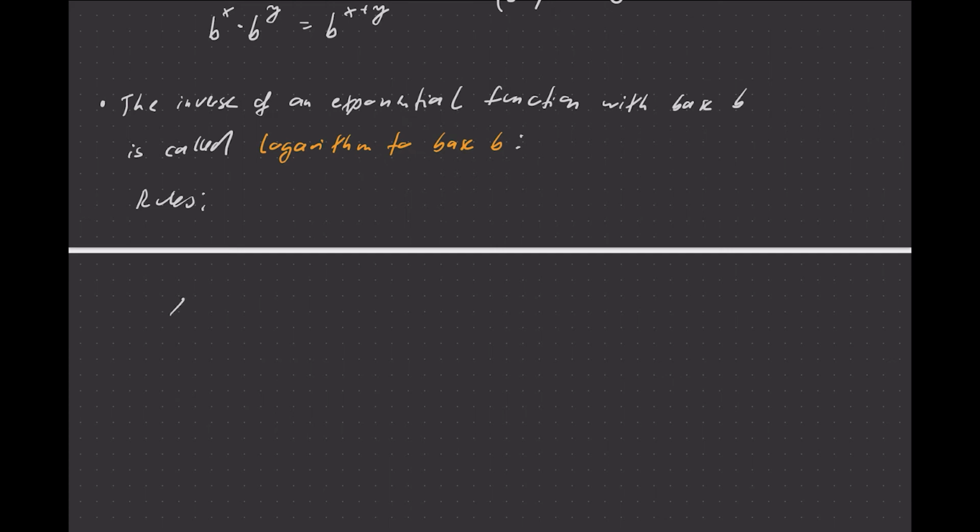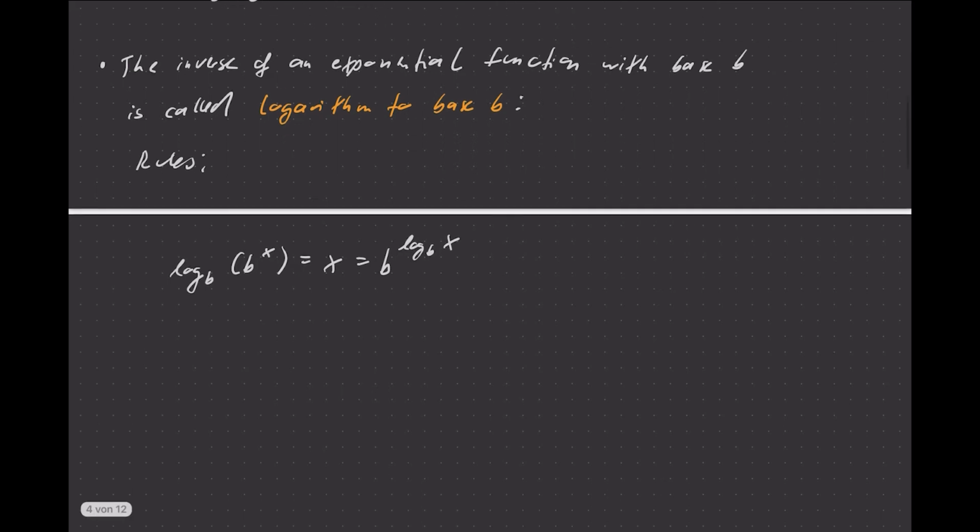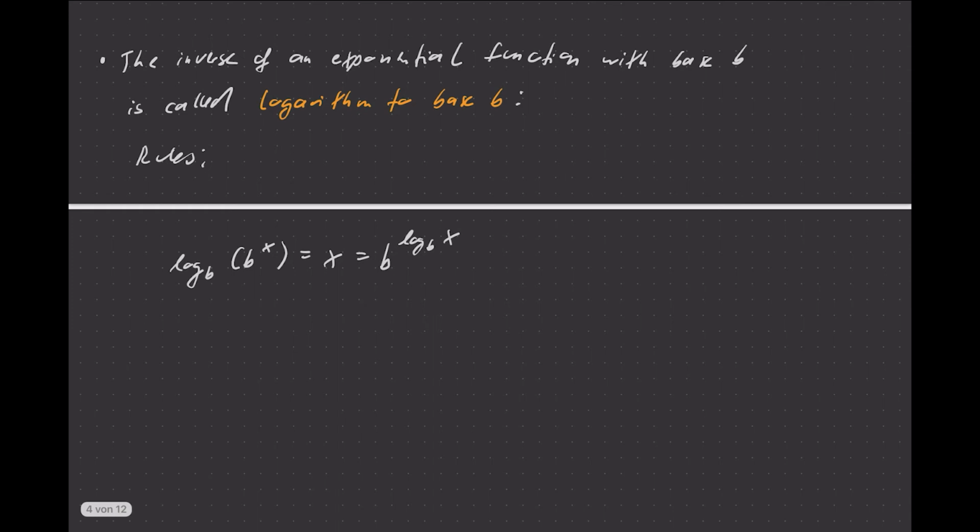Of course, by definition, if you take the logarithm of b to the x, then you get x. And the same applies if you take b to the power of log_b x, like this. Then from the exponential function rules, what you get is here.